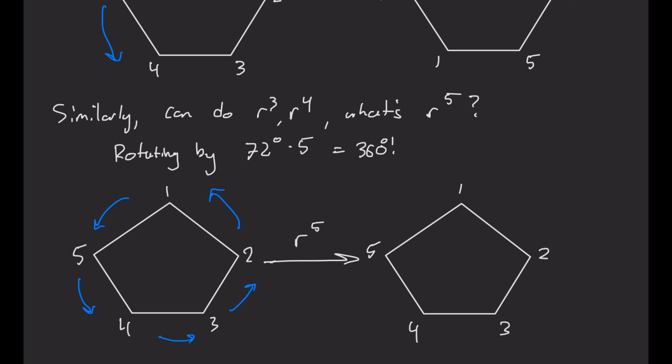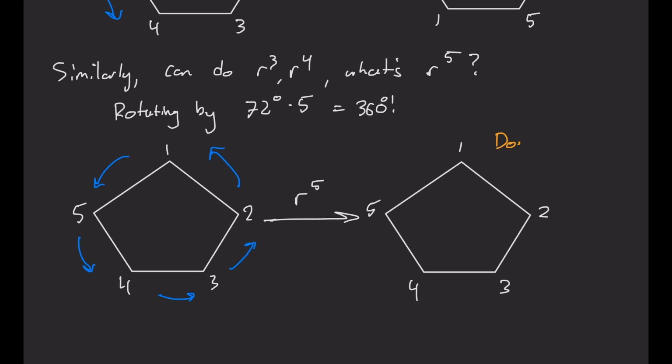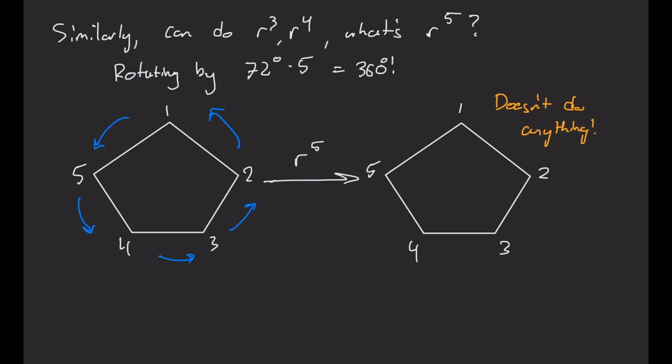It does that with all vertices, and this R to the 5 doesn't actually do anything. It looks exactly like how it started. So I'm going to denote R to the 5 by E, and I'm going to call it the identity mapping, or the identity symmetry.